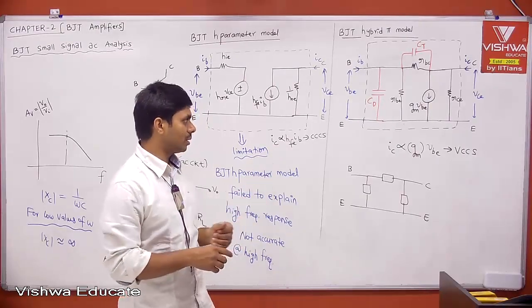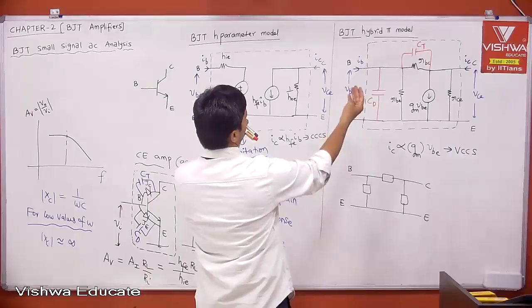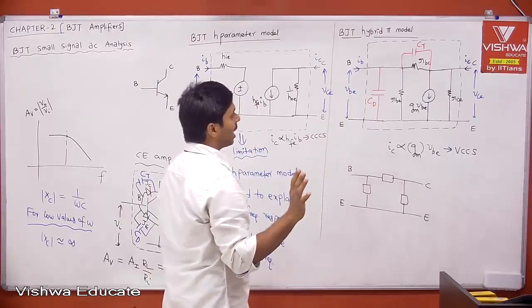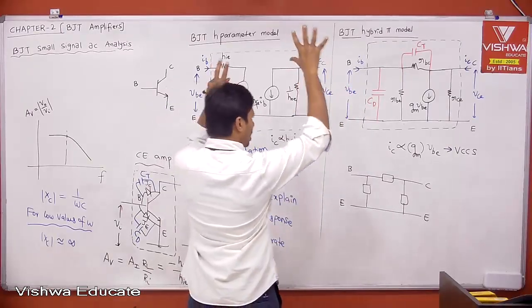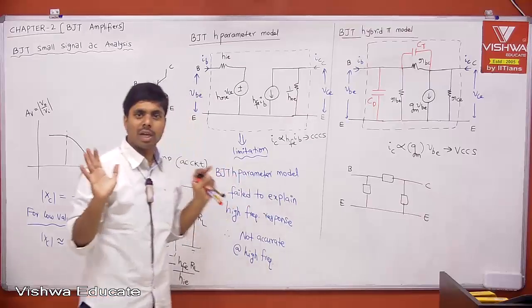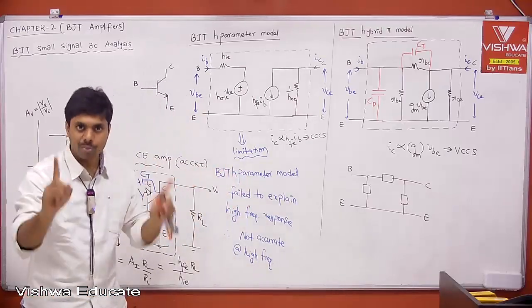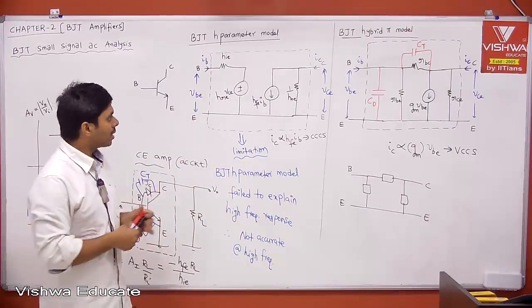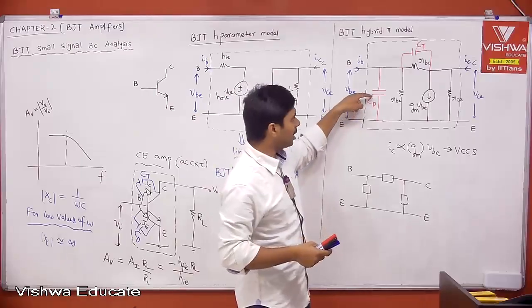Now let's try to correlate the H parameter model to the hybrid pi model. Remember, at low frequency both should give the same answer, because at low frequency we can neglect the effect of CD.